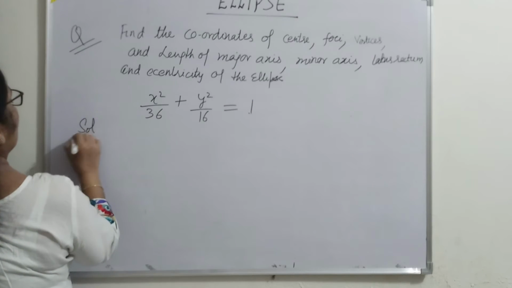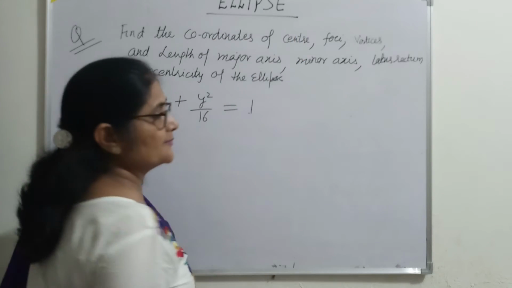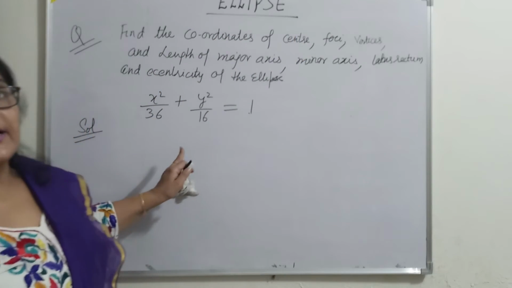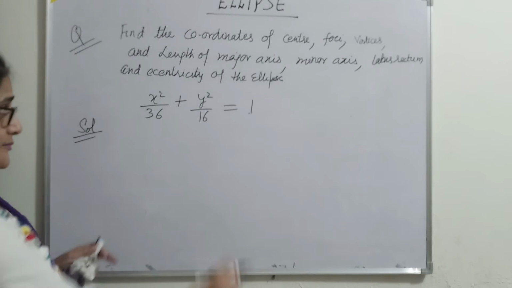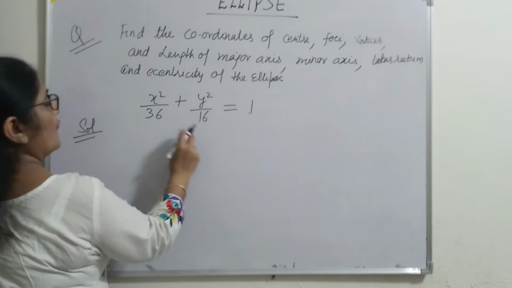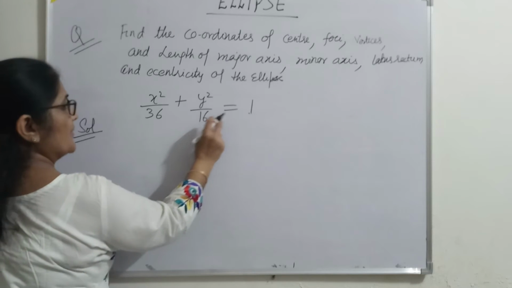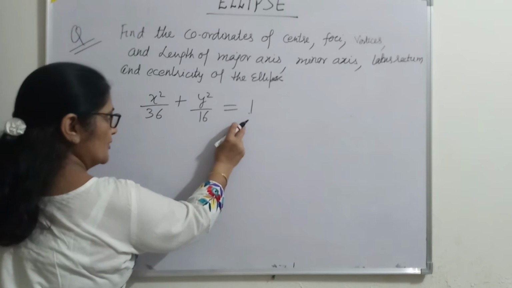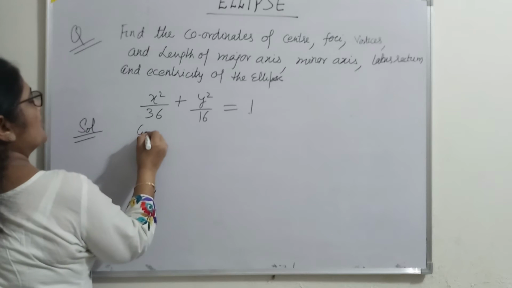Now, how can we find so many terms? First, you look at the equation of the ellipse. This equation is of the form x square upon a square plus y square upon b square is equal to 1.